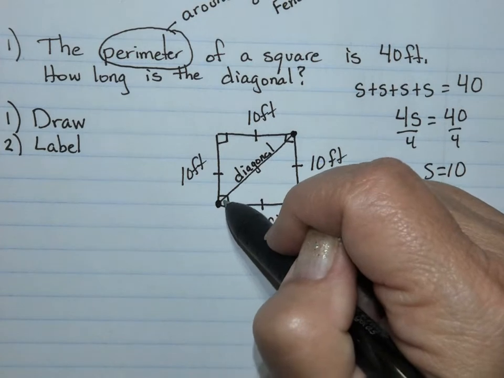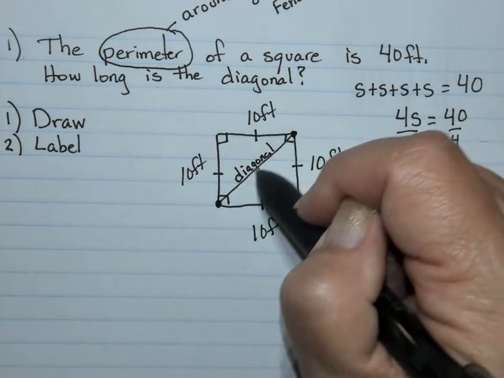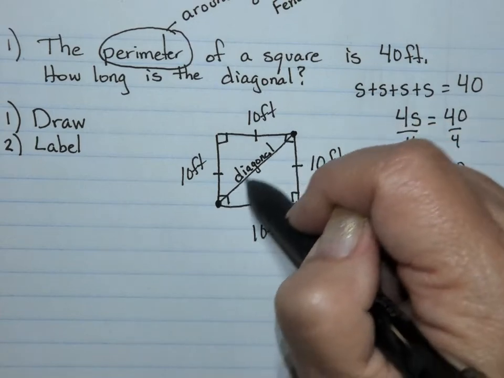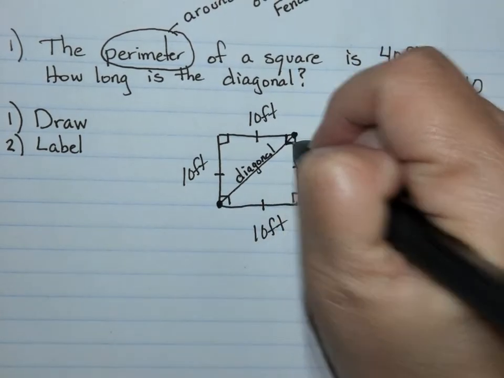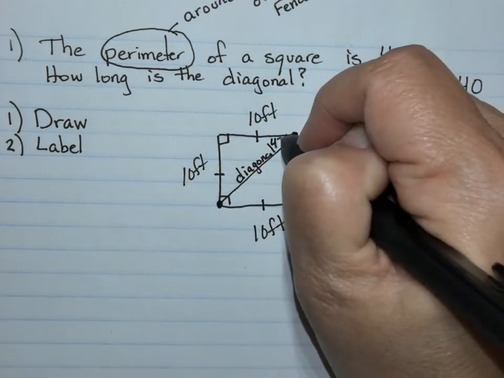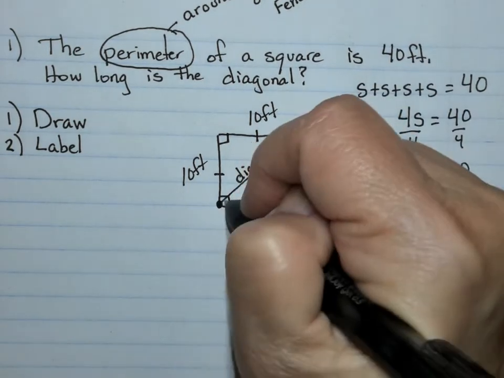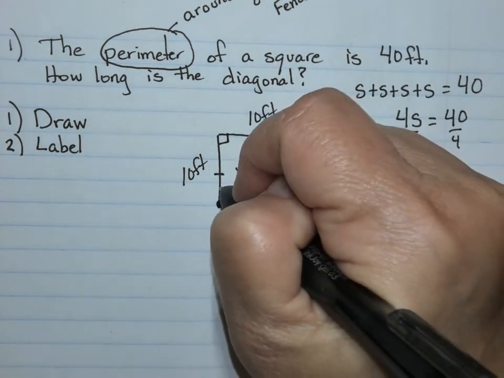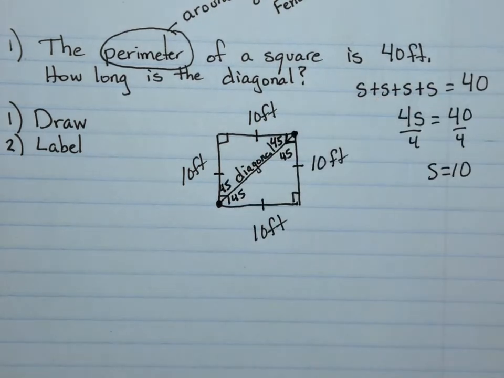It said that the diagonal would bisect the vertices. So in a square, the diagonal cuts these in half. So if this was 90 degrees and the diagonal came in here and cut it in half, this would be 45 and this would be 45. And over here, when this one gets cut in half, this would be 45 and this would be 45.